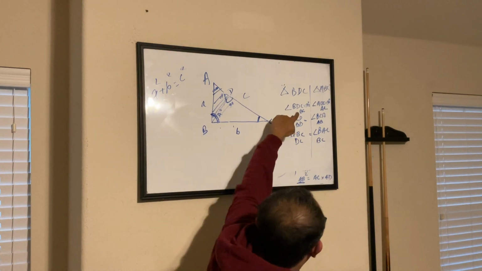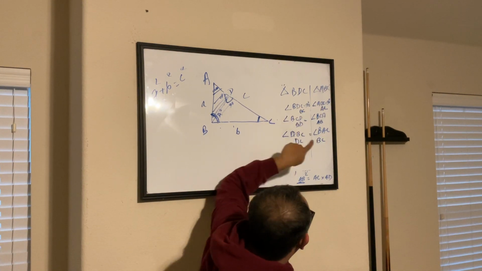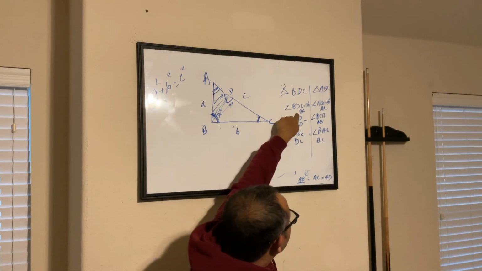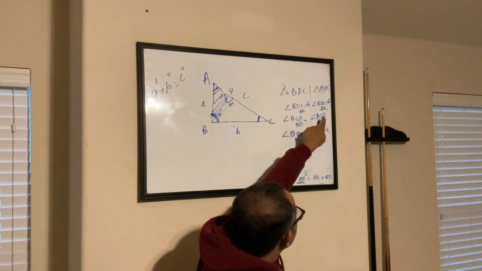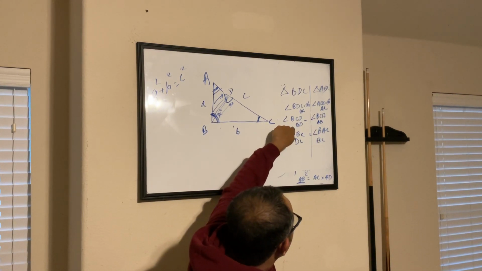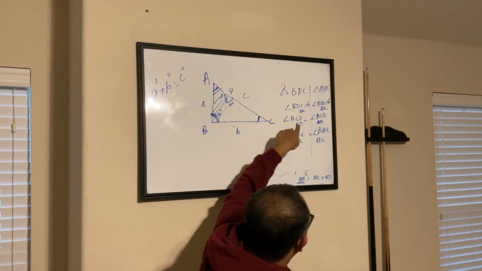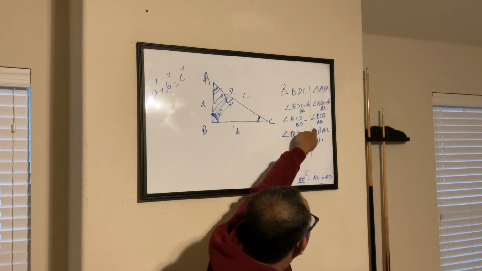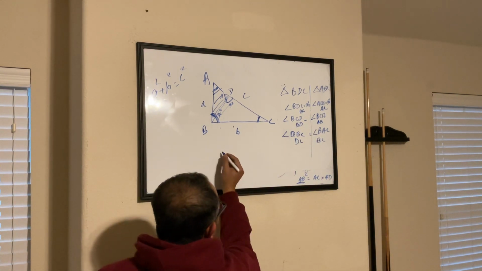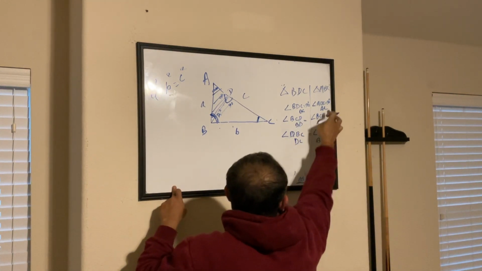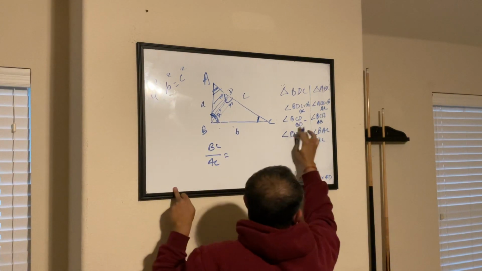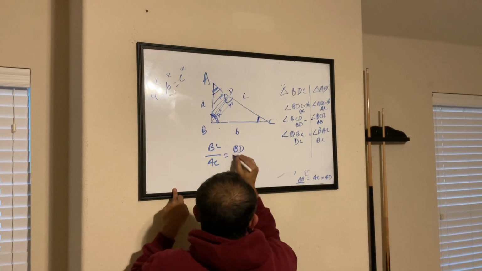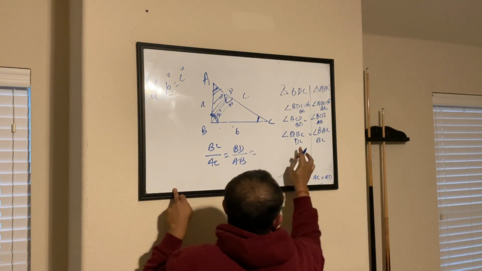So these angles match, and the sides opposite to them are in the same ratio. So we can put the formula here: BC by AC will be equal to BD by AB, which will be equal to DC by BC.